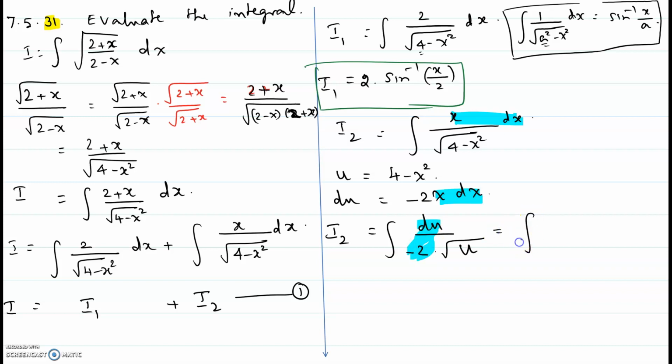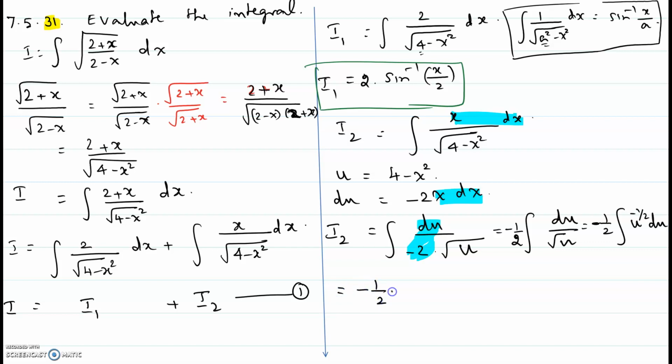So we get the integral of negative 1/2 du over square root of u, which is negative 1/2 times the integral of u to the negative 1/2 du.